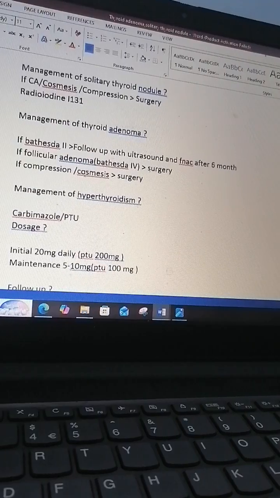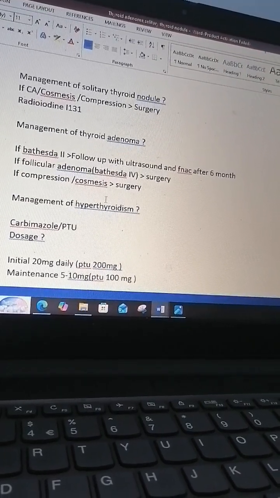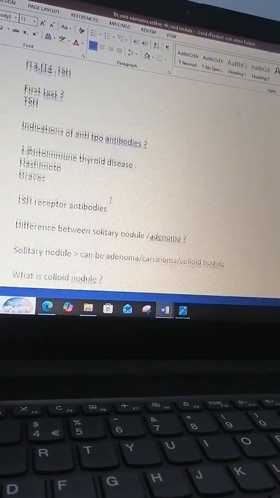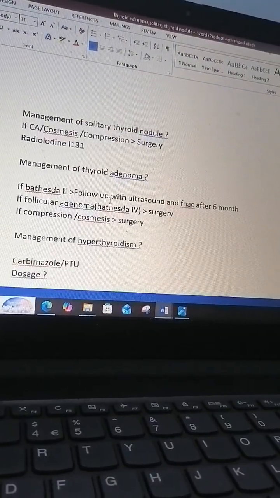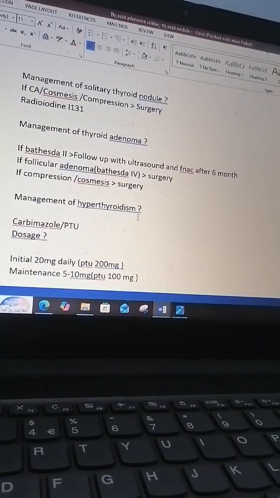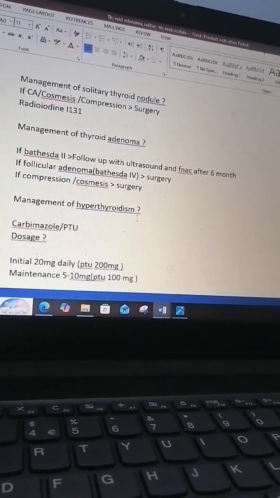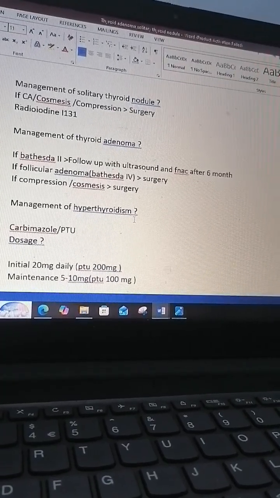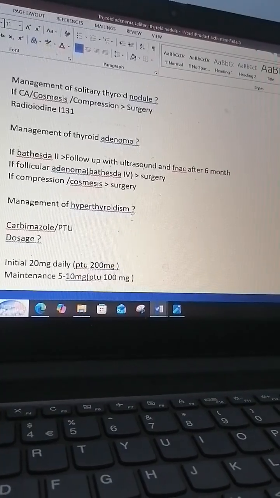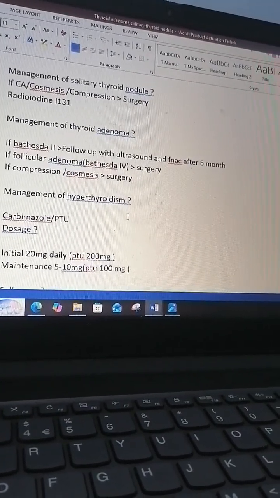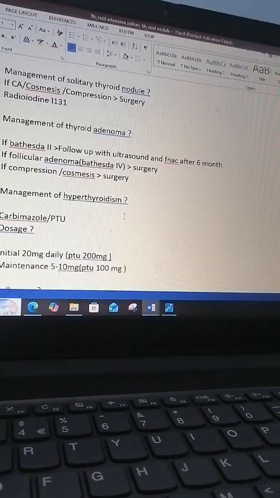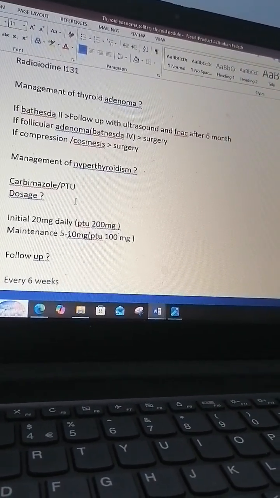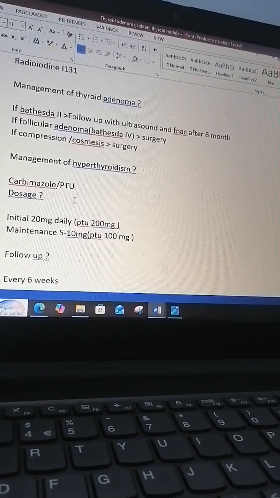The other thing is, if you advised TFTs, thyroid function tests, and on TFTs there is hyperthyroidism, then how will you manage this case? We will first do medical management for hyperthyroidism. The medical management options for hyperthyroidism are carbimazole or propylthiouracil. What is the dosage of carbimazole and propylthiouracil?